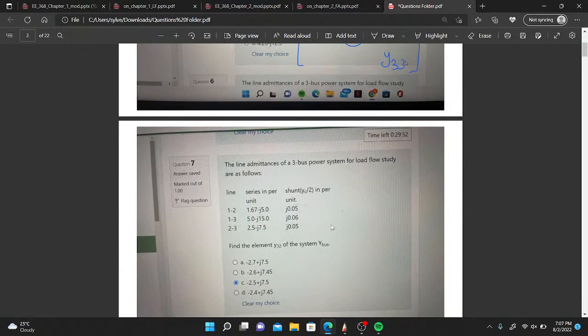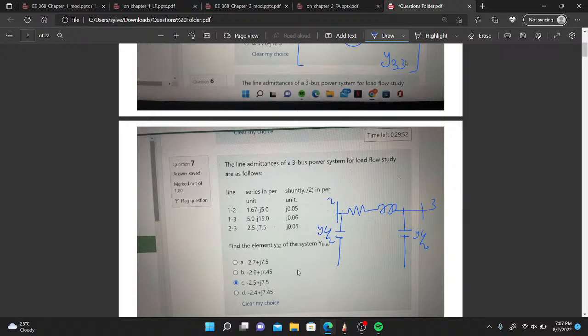Find Y32. So we are looking at a medium line model like this, with YC over 2 and another YC over 2 here. Let's say this is bus bar 2, this is bus bar 3.